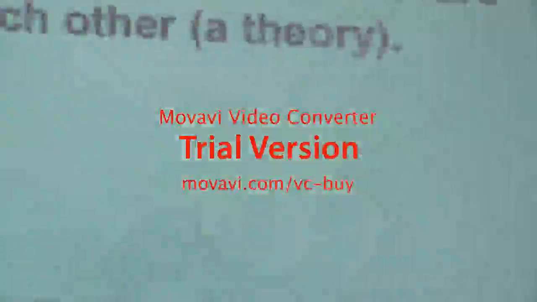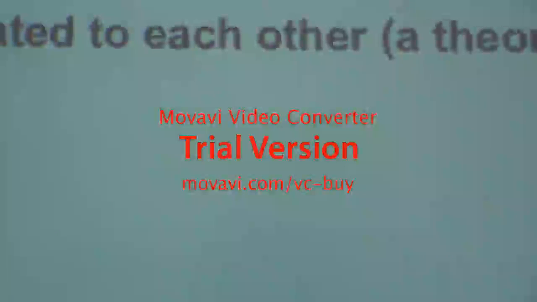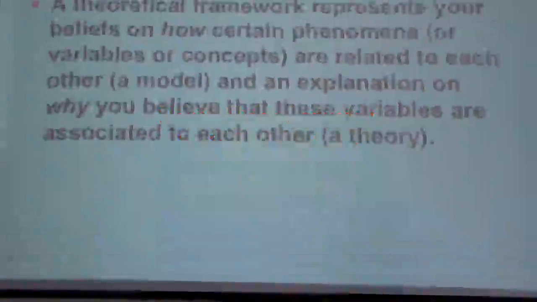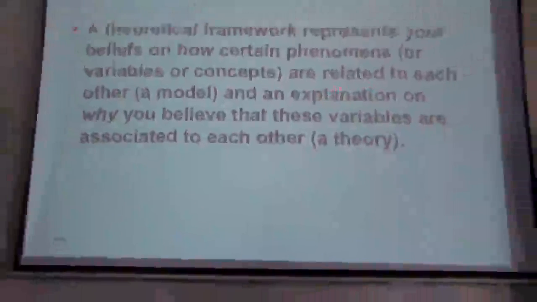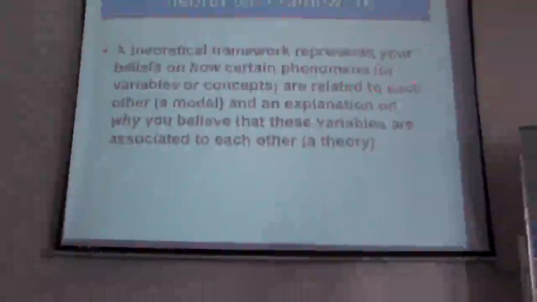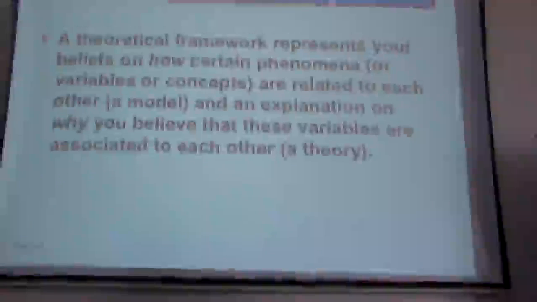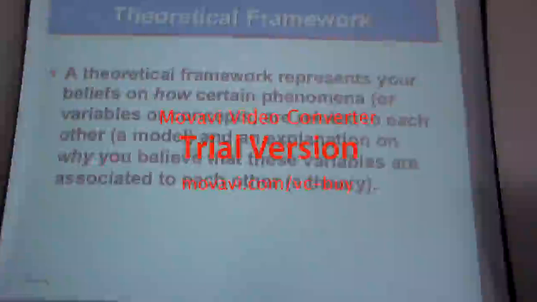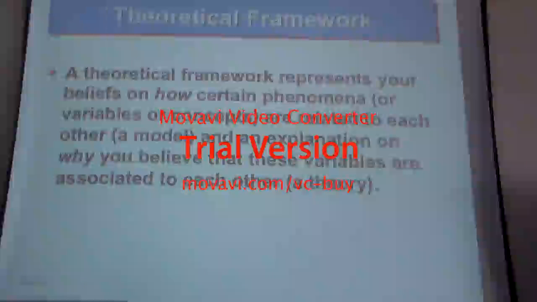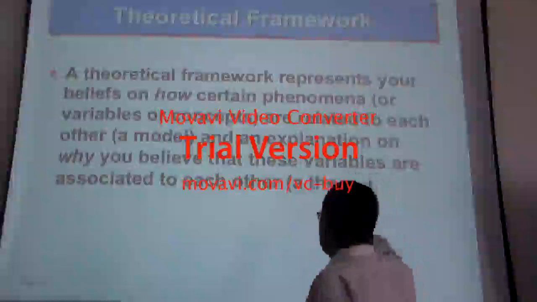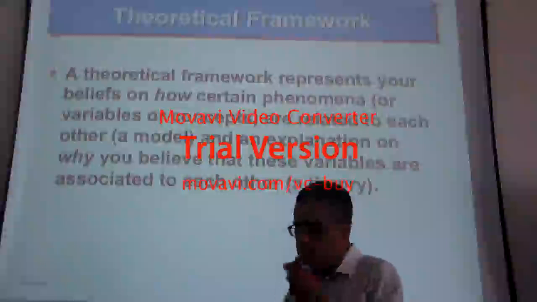It means we need to represent our beliefs on how certain phenomena or variables, what are the variables of our research problem, how these variables are related to each other to form a model, and an explanation on why you believe that these variables are associated to each other, which is the theory.